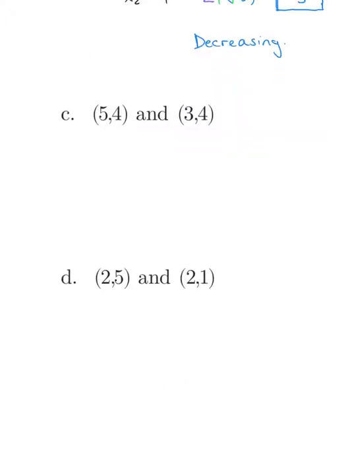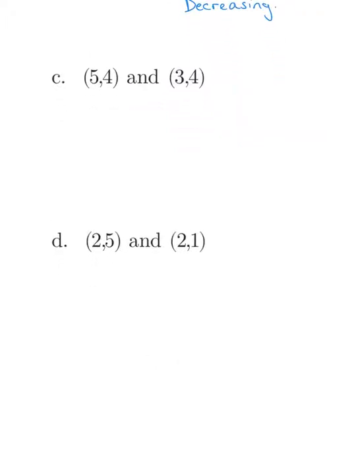Let's now look at example C. So example C, again, I'm going to start by writing out my formula and labeling my points. So my formula is m equals y2 minus y1 over x2 minus x1. If we label our points, I'm going to call the first one x1, y1.